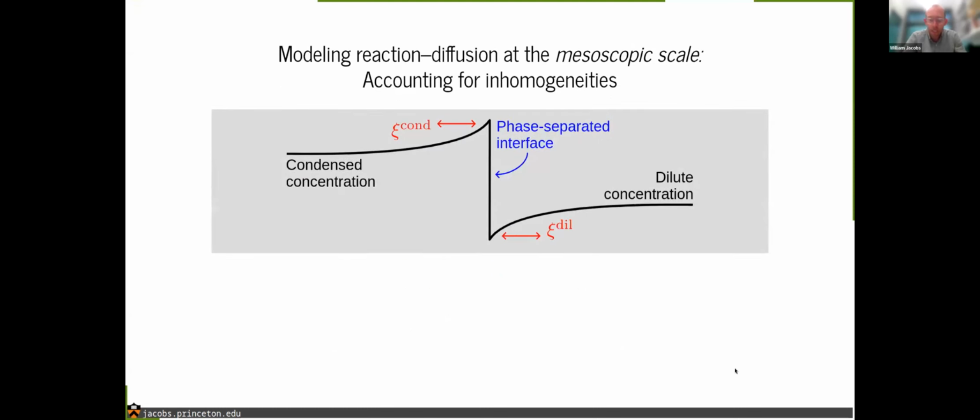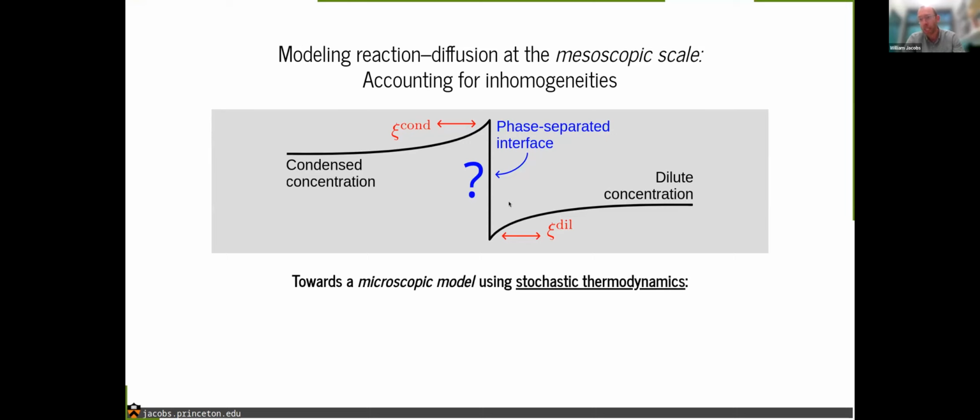So the challenge is, if you want to take this approach and apply it to a system with phase separation, then we need to be able to incorporate inhomogeneities. And what I want to focus on in this talk is really how do you describe this phase-separated interface, and can you use this equilibrium or near equilibrium picture?